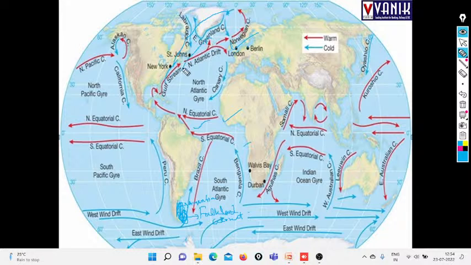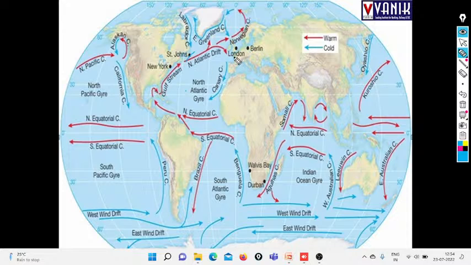The Atlantic has an S-curve shape. It is because the middle part squeezes, but the upper part stretches. North America and South America, their eastern part is majorly dominated by your Atlantic Ocean.